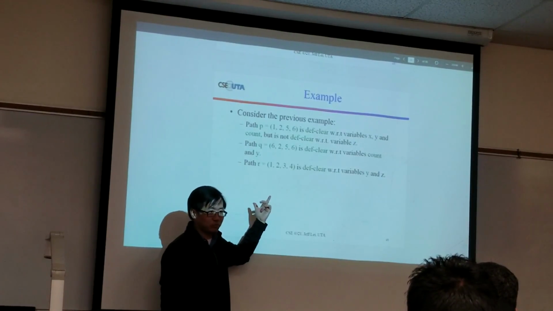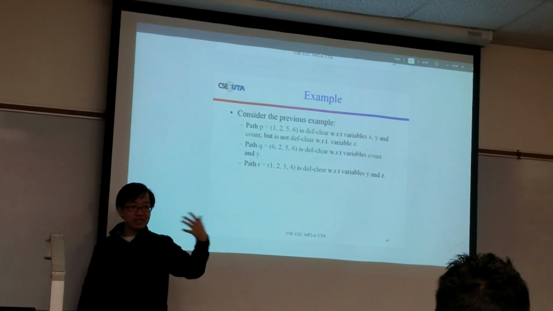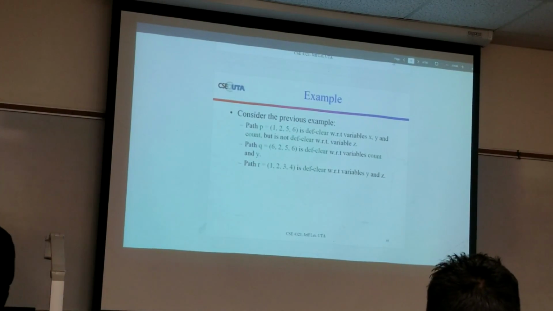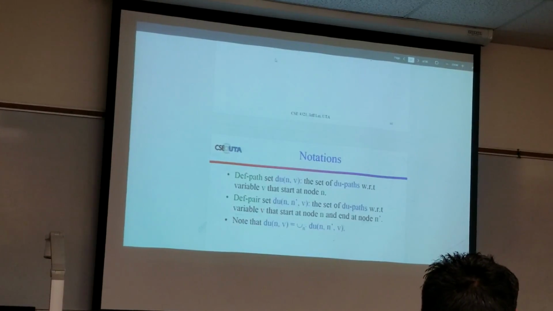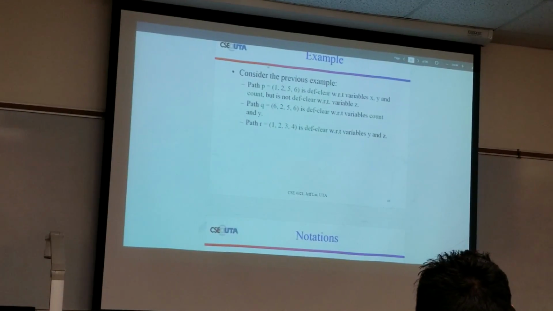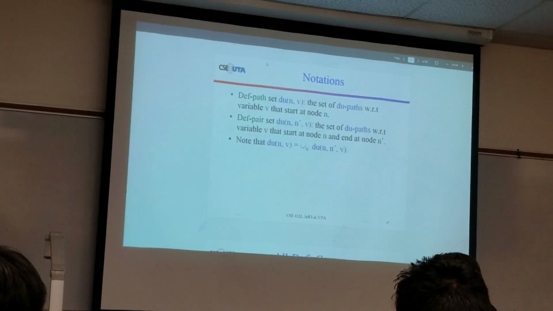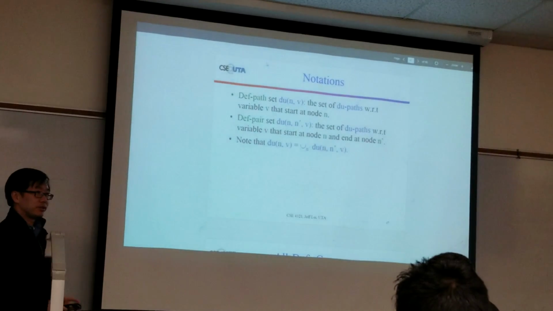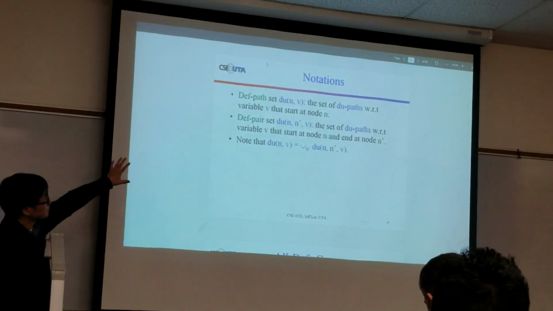That's assumed, because we want to test definitions. And then it has to be def-clear, and it has to be a simple path. Those are the requirements we want to satisfy to make a DU path.